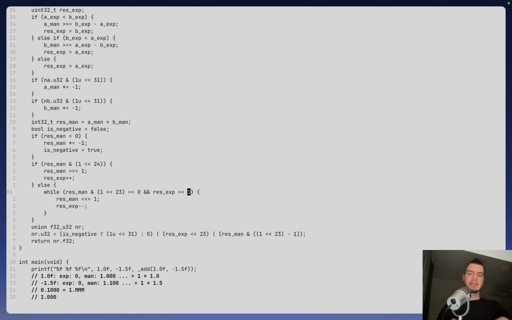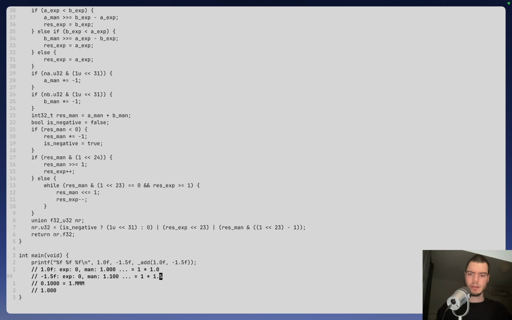So if it is greater or equal to 1, we would decrement it to 0, and that's okay. I think this might be enough to handle our special exponent case, but I'm not quite sure. We should check this later.